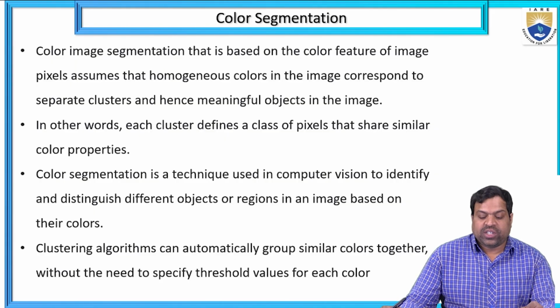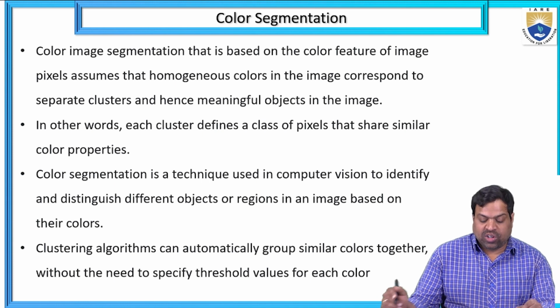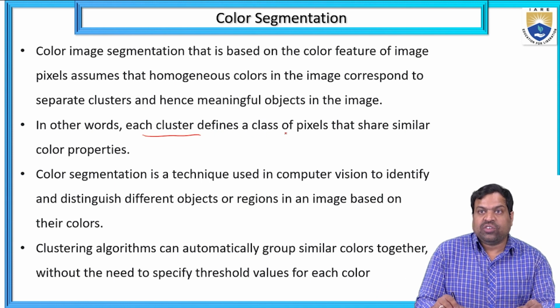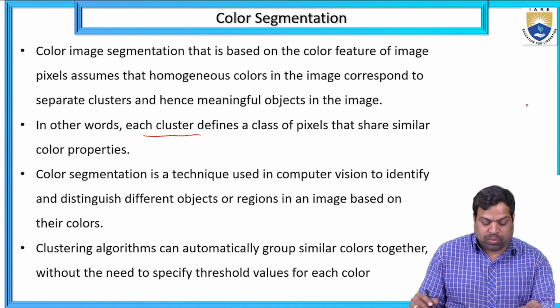Color segmentation is segmentation based on color features of image pixels. It assumes that homogeneous colors in the image correspond to separate clusters and hence meaningful objects in the image. In other words, each cluster defines a class of pixels that share similar color properties.